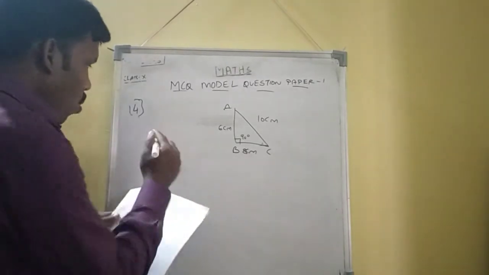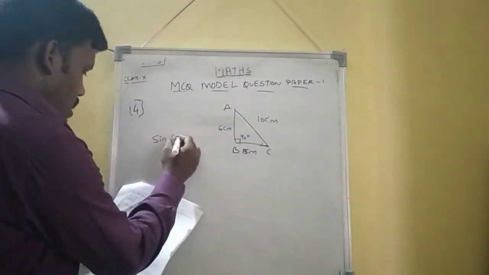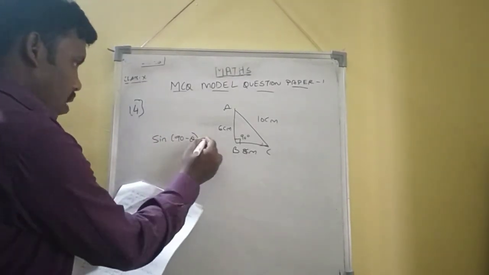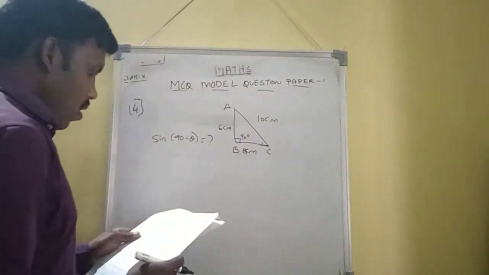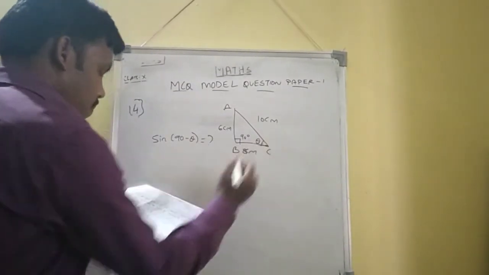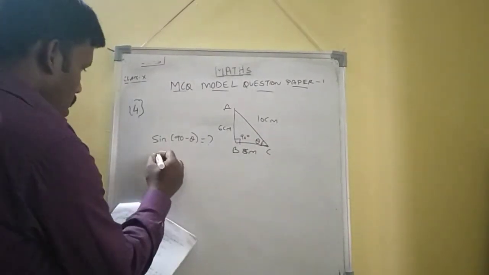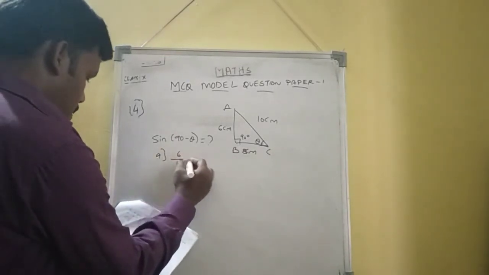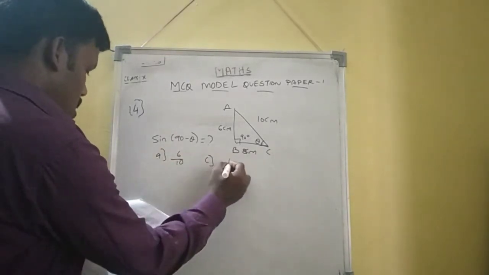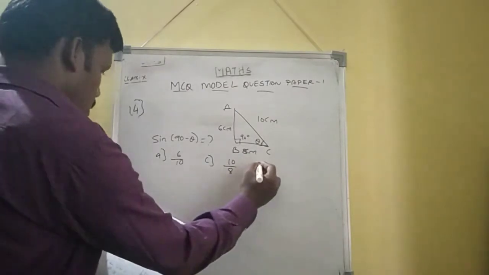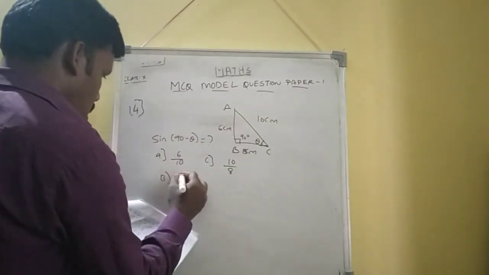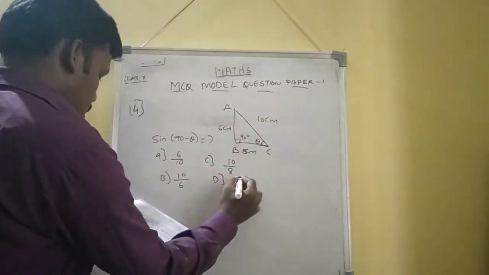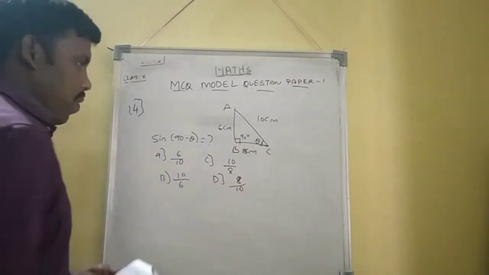You have to find the value of sine 90 minus theta. Theta is here at C. The options are: option A is 6 by 10, B is 10 divided by 6, C is 10 by 8, and D is 8 divided by 10.